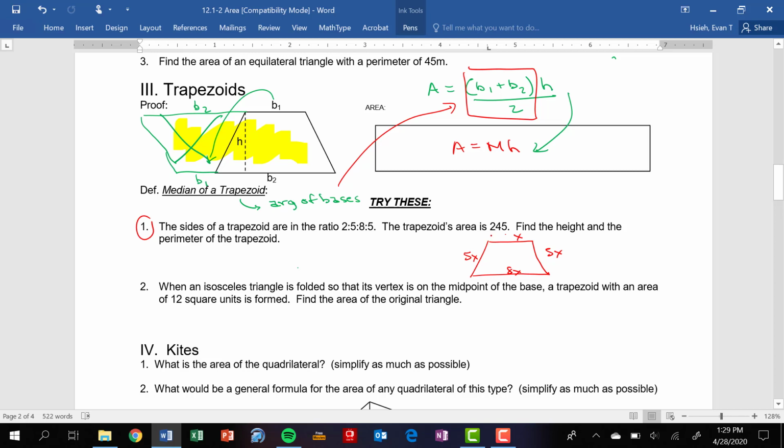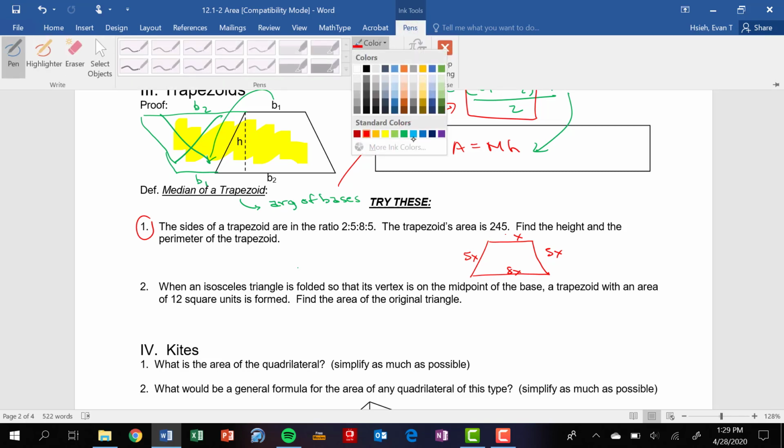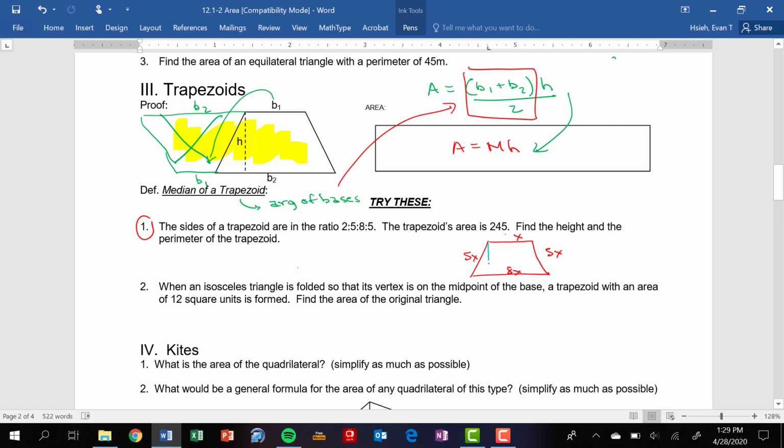I'm going to draw in altitudes right here and here. That's a very common thing that we've seen in the past with trapezoids. And so this is 5x, that's 8x. This again was 2x here, which makes this bottom portion 2x, which means each of these are going to be 3x and 3x, which makes these heights 4x.